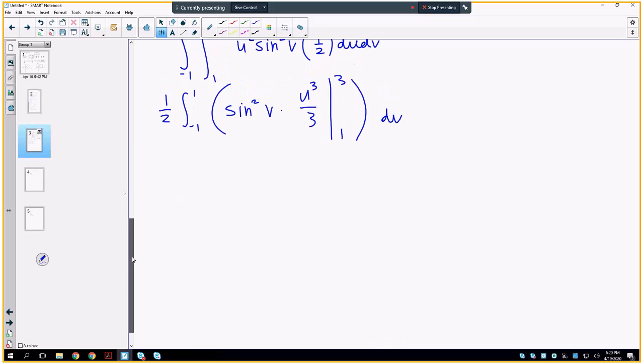So when I plug in my upper bound of 3, I get 3 times 3 times 3, but I'm dividing by 3, so I just need 3 squared. That's 1/2 integral from -1 to 1 of sine squared of v times 9, which is 3 squared, minus 1/3.